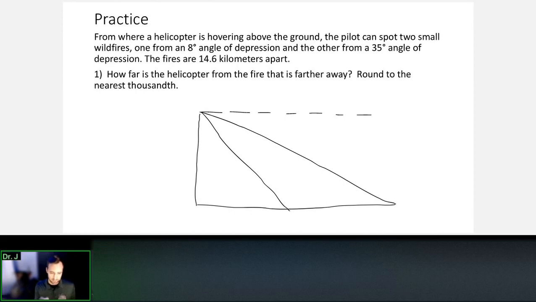So identify like the helicopter and your fires. You do that. Good. All right.